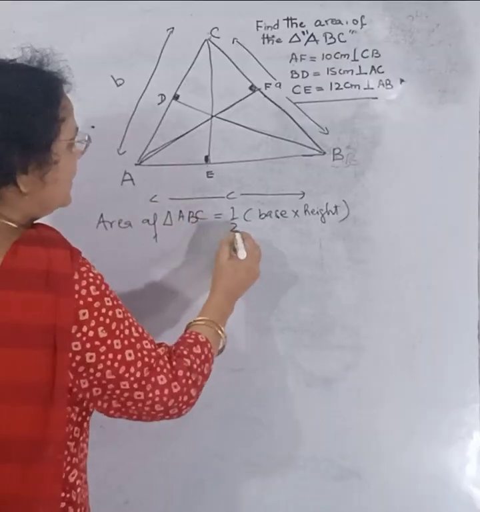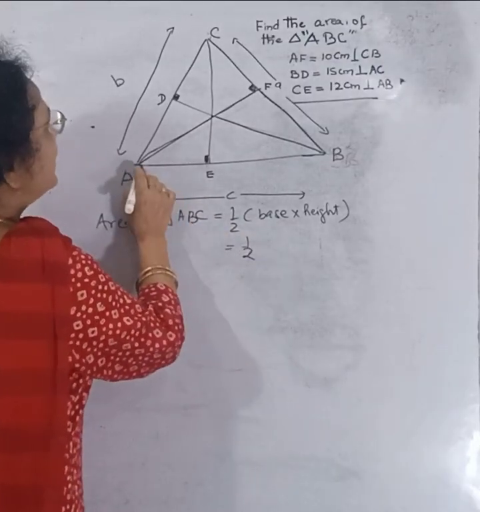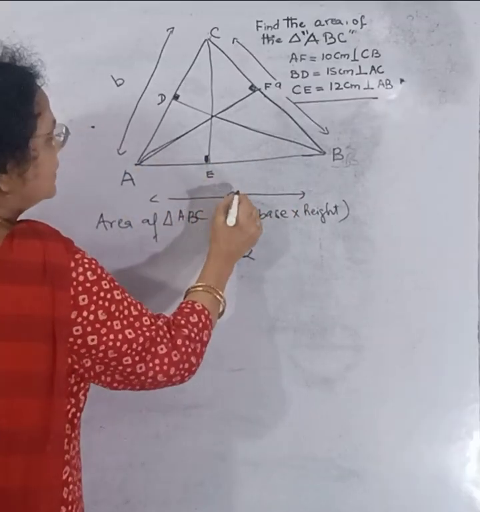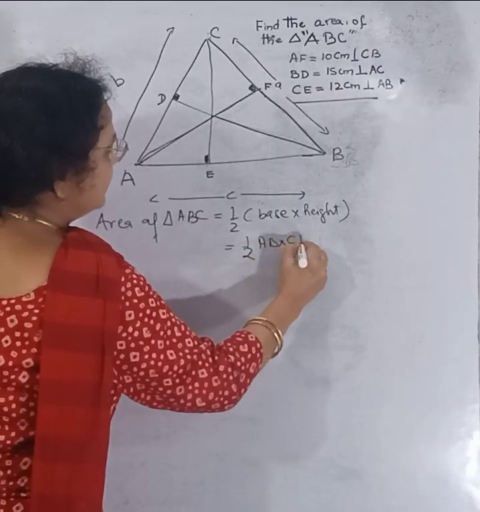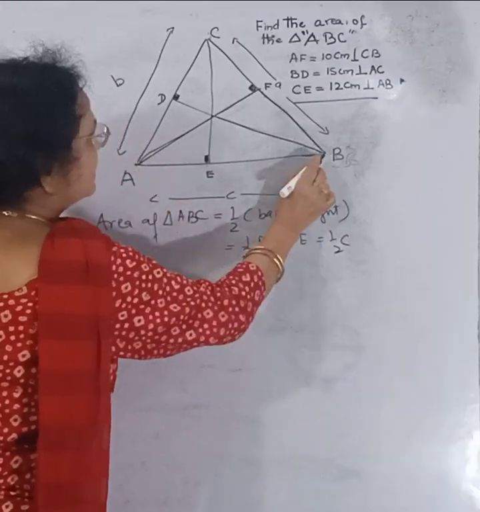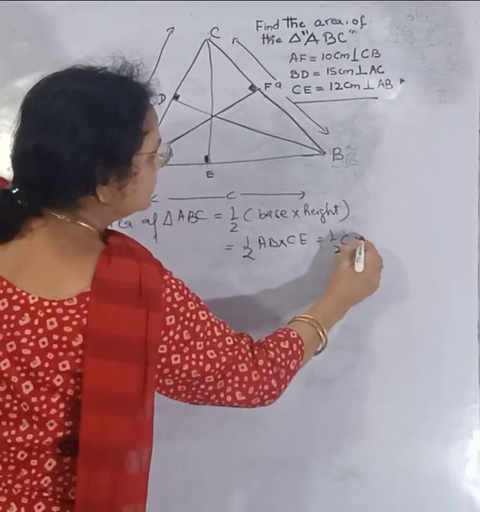Suppose we are taking 1 by 2 into base AB into height CE. That is 1 by 2 C, this is length C, this is CE, and CE is equal to 12.